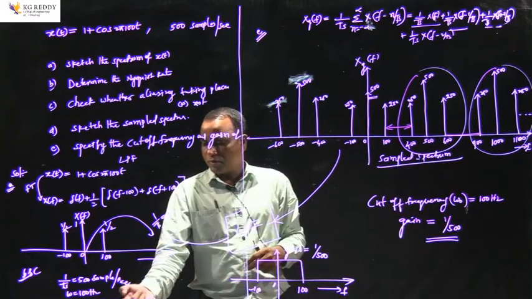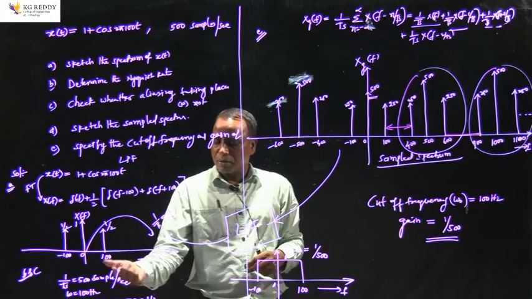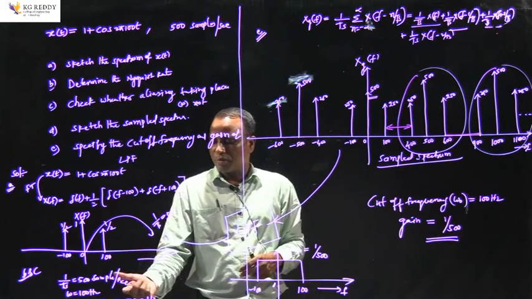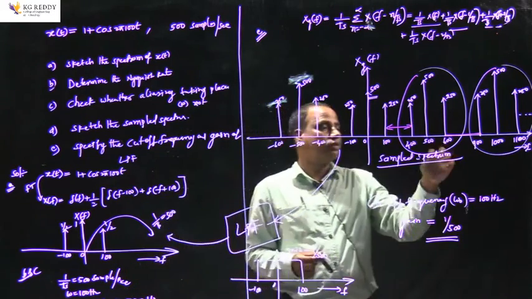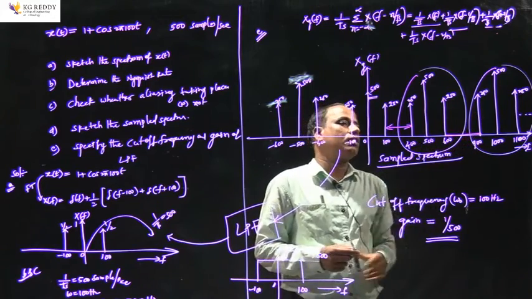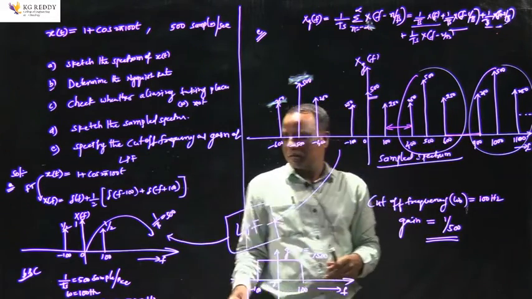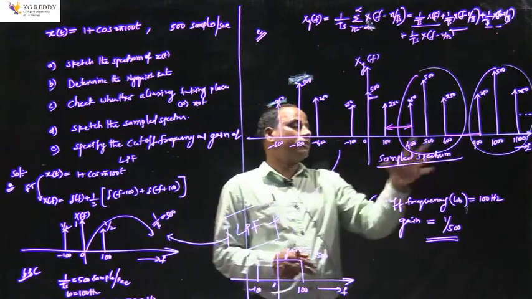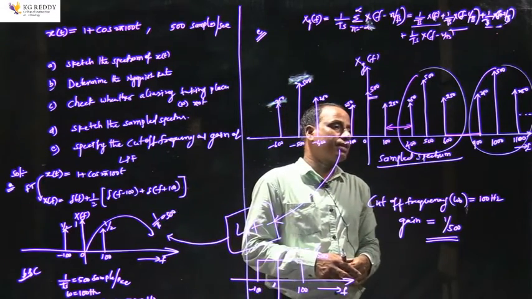Even if the signal were sampled at the minimum sampling rate, there would have been overlapping of frequencies in the sample spectrum, but here it is sampled with an oversampling rate, so there is no overlapping taking place in the sample spectrum.